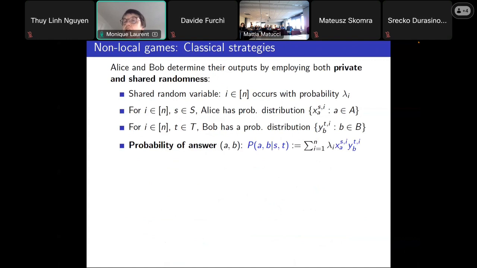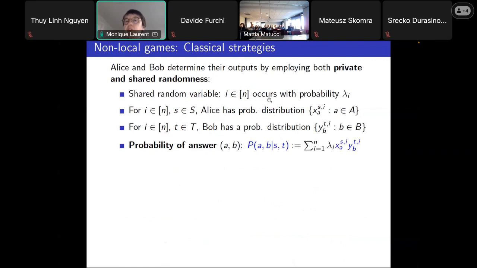Alice and Bob just make a deterministic choice. Before the game, Alice chooses a function from her questions to her answers. Bob also chooses a function from his questions to his answers, and then when they start the game, they just answer according to the functions they have decided upon before the game started. That would be a deterministic strategy.